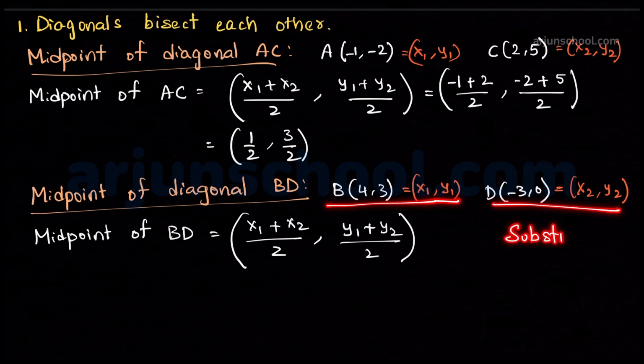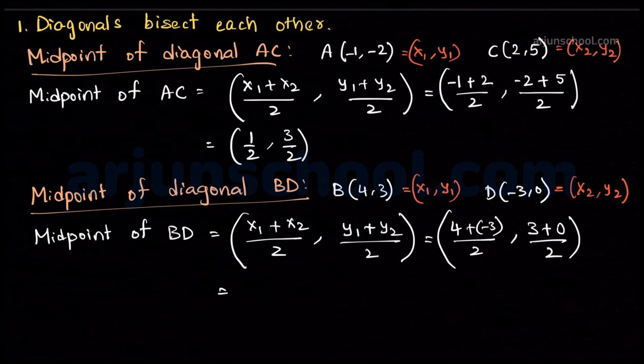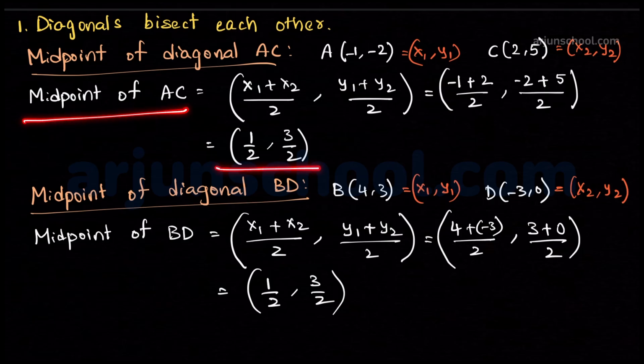Now let us substitute the points B and D in this midpoint formula. x1 is 4 plus x2 is -3 by 2. y1 is 3 plus y2 is 0 by 2. 4 minus 3 is 1, 1 by 2. 3 plus 0 is 3, 3 by 2. Therefore, midpoint of diagonal BD is (1 by 2, 3 by 2).